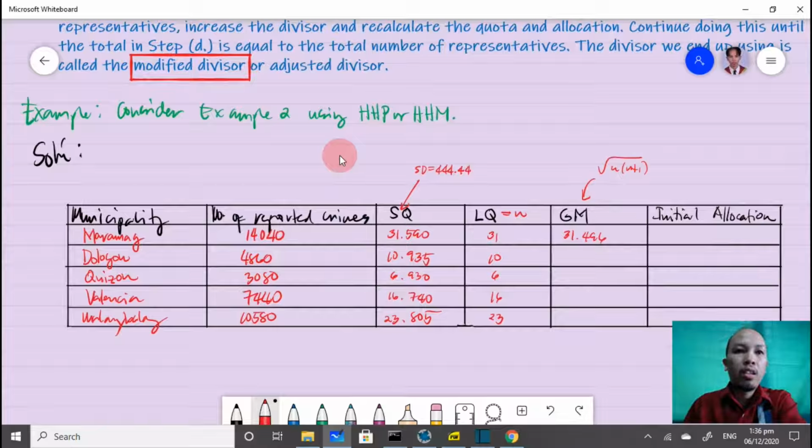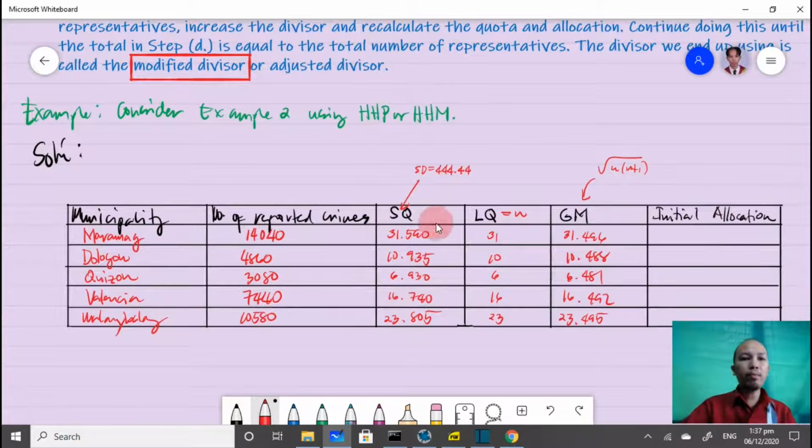Then 10 times 11, 6 times 7, 16 times 17, 23 times 24, take the square roots, and you get 10.488, 6.481, 16.492, and 23.495.